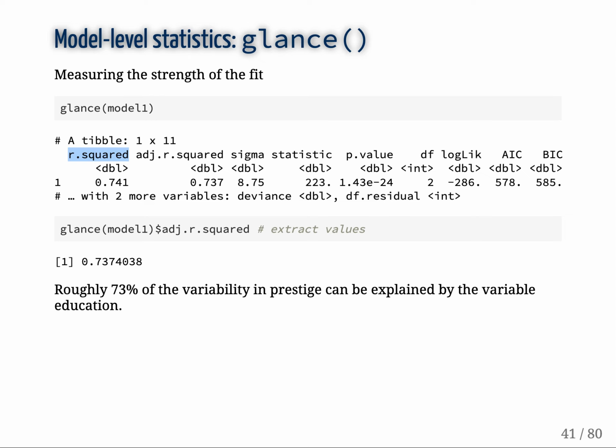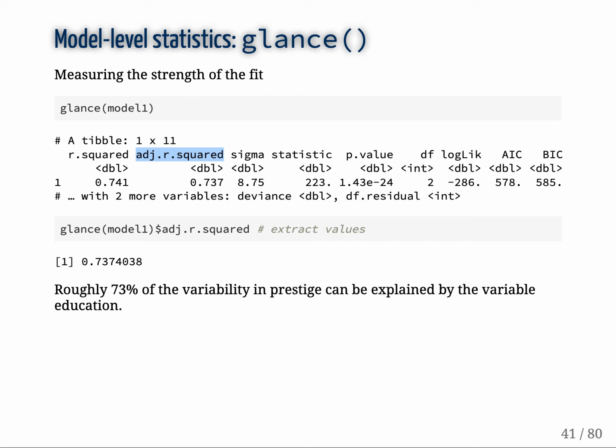Hence, we use adjusted R squared. The adjusted R squared will only increase on adding a variable to the model if the addition of the variable reduces residual mean square. Because of that, adjusted R squared is more appropriate when evaluating model fit.